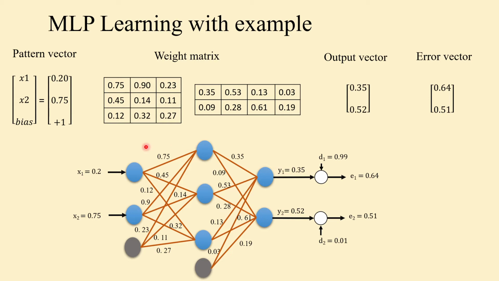And this is the set of weights. You see, I have 3 cross 3. Why is it 3 cross 3?